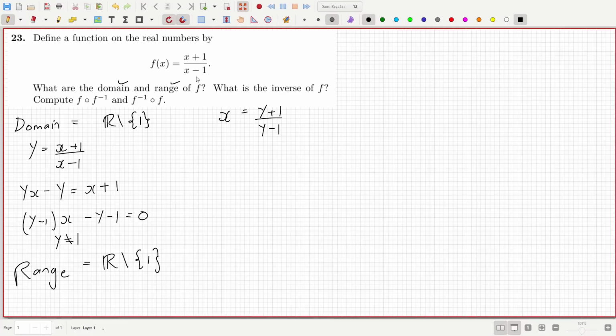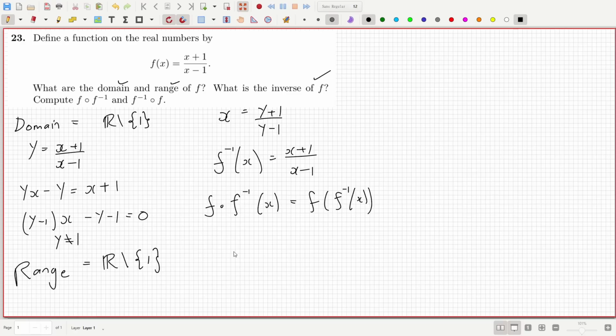So this is a classic example of a function that is its own inverse. And we can verify that by calculating f inverse. So f inverse x, for example, that would be f of f inverse x. Or do you know what?